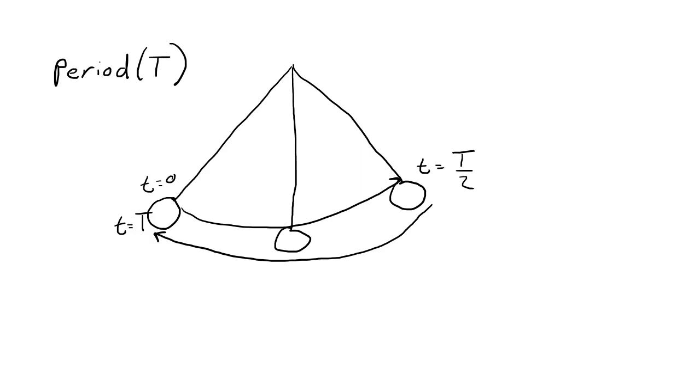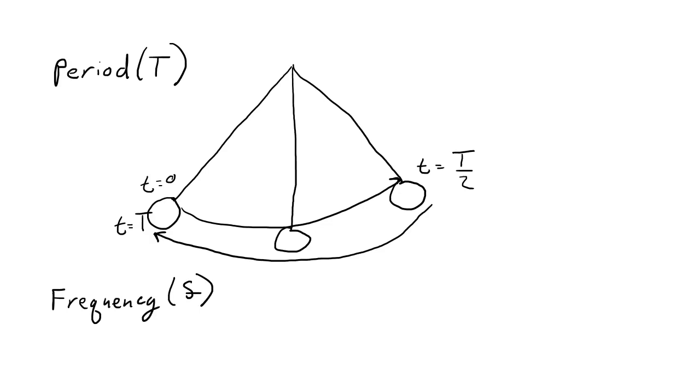The other way to describe the oscillation of this pendulum is in terms of how often it oscillates, and how often it oscillates is what's called frequency. We're going to represent frequency in equations with the letter f.